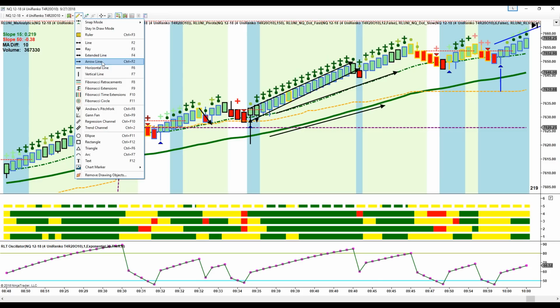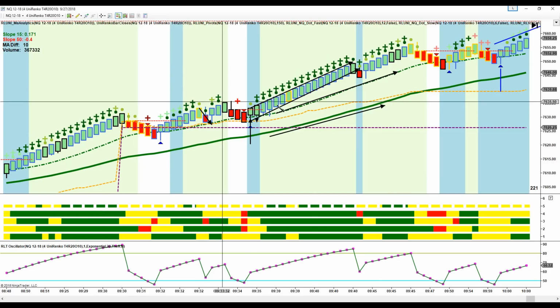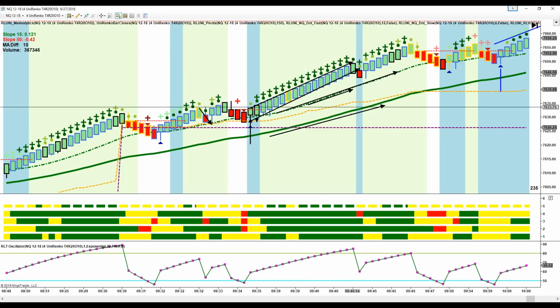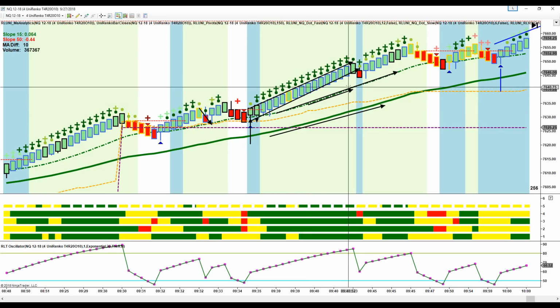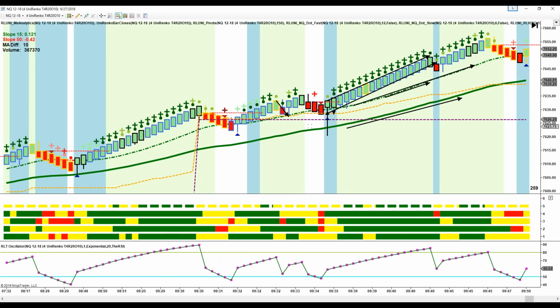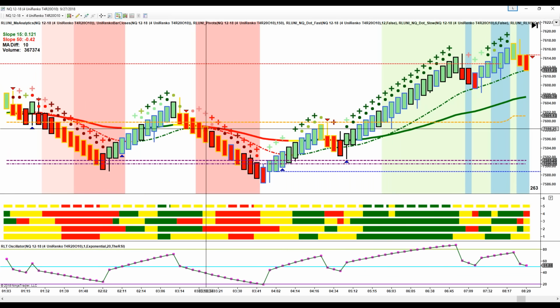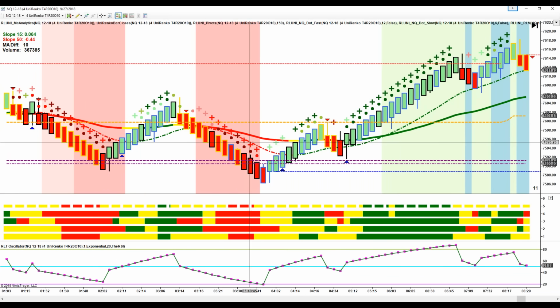It also gives us specificity. We only trade in the direction or on the side. If the 15's above the 50, we only go long. If the 15 is below the 50, we can only trade short.